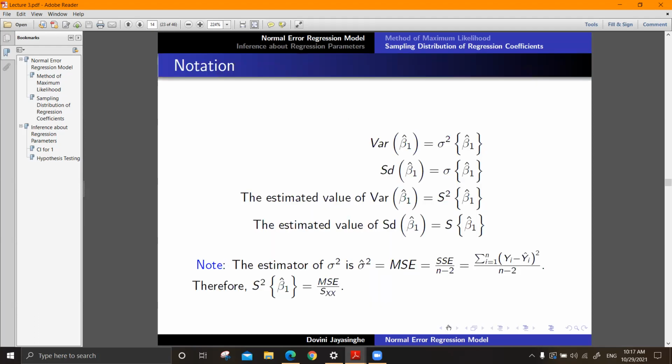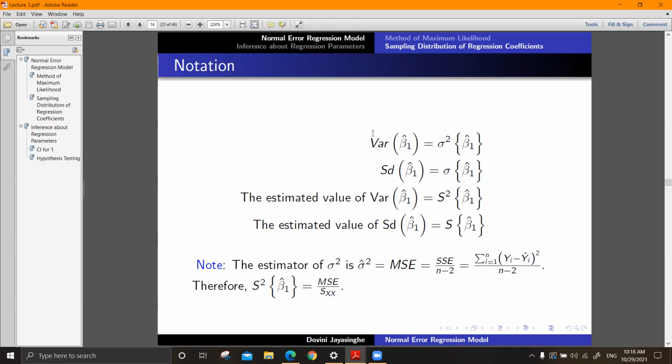You have to learn these notations just for the sake of answering the paper, because I'm going to use these notations. So this is basically variance. VAR is the variance of the estimator. I'm going to have this notation, maybe not in the paper, but throughout the entire slide set, I'm going to continue this notation.